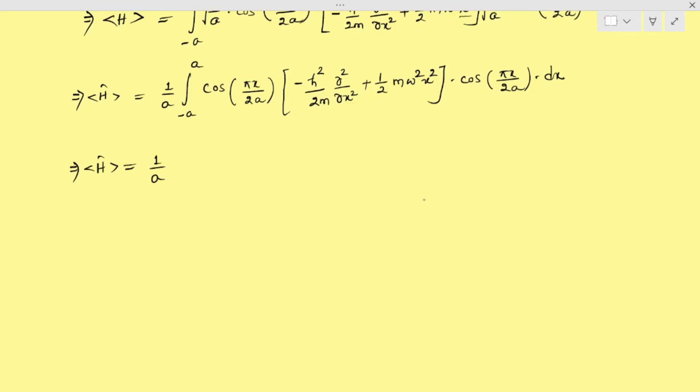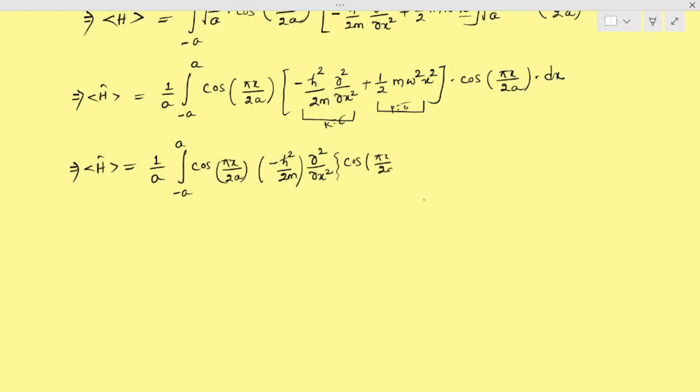See, here I am going to segregate it into two integrations by considering this one term, and this another term. This is your kinetic energy part, this is your potential energy part. So 1 by a, minus a to a cos pi x by 2a into minus h cut square by 2m, then del square by del x square operated over cos pi x by 2a dx.